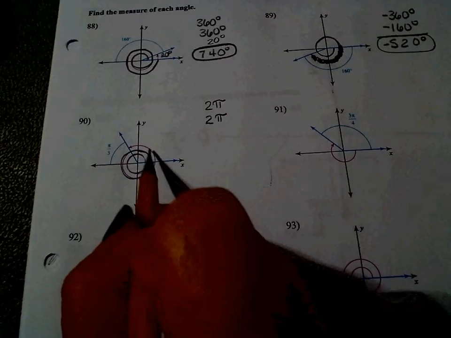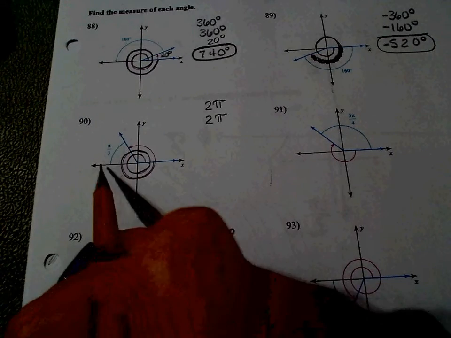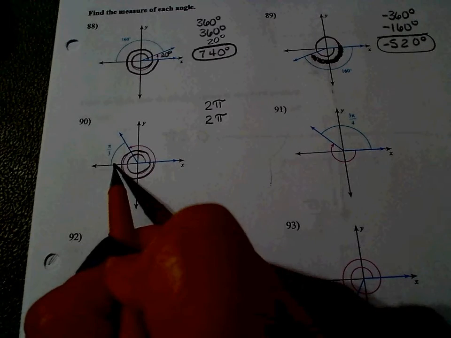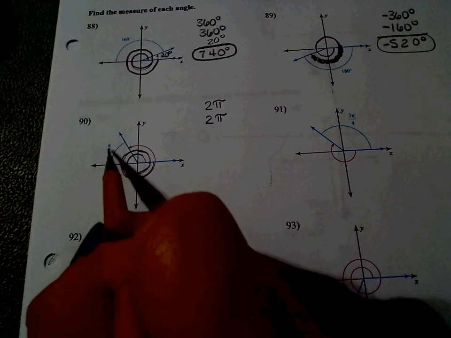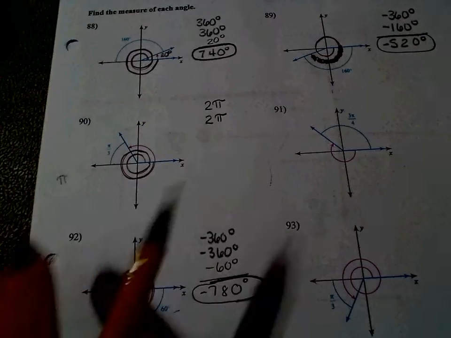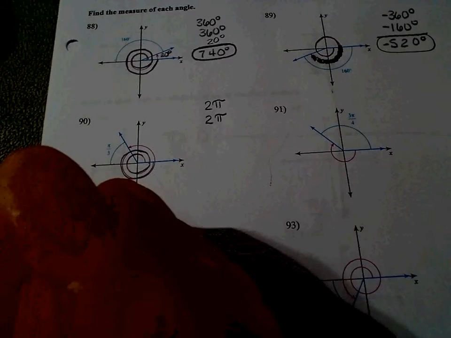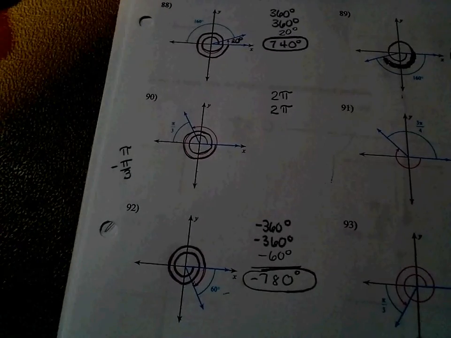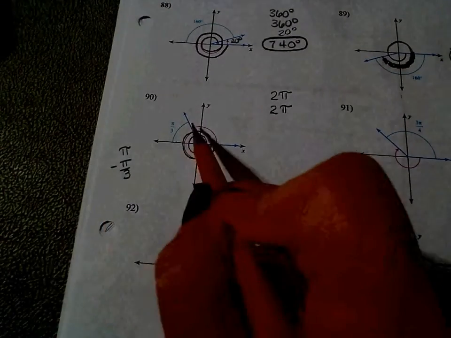How much am I going here? Well, if I went all the way back here, it would be another pi. But I'm short pi over 3. So I didn't go a whole pi. I'm short pi over 3.